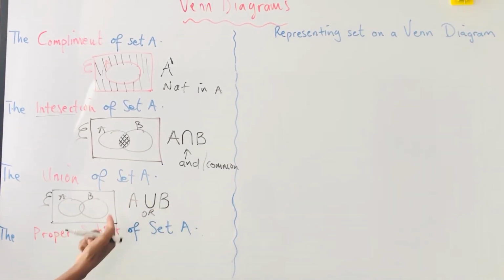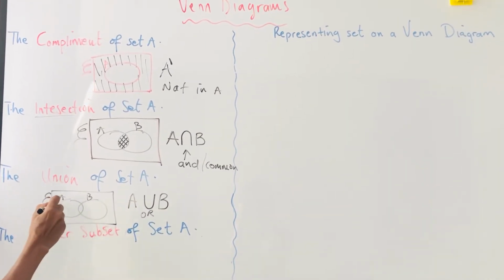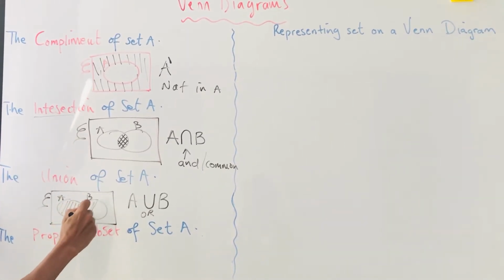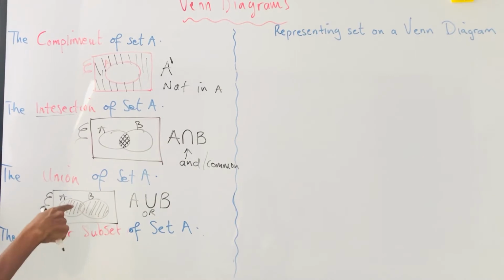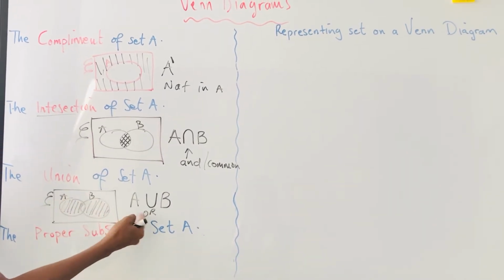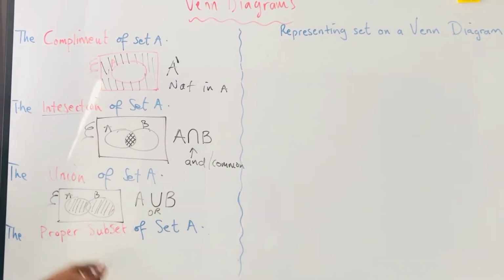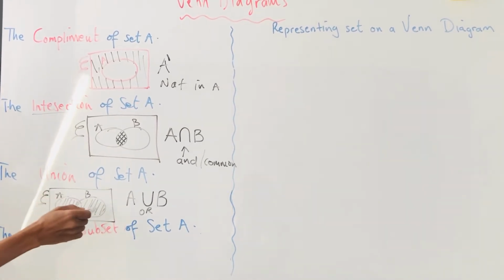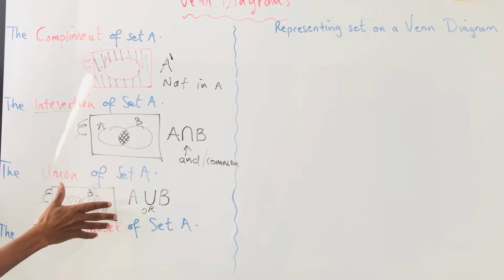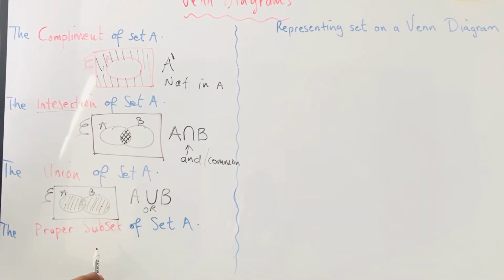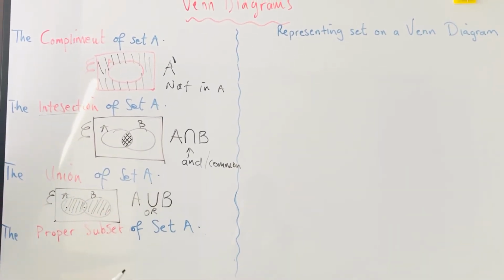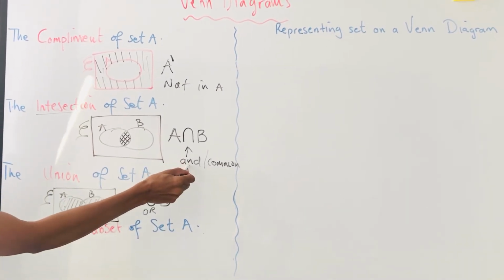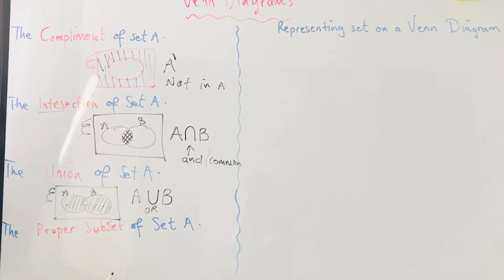A union B would be: shade the region of A and shade the region of B. So that means A and B together. I can be there, I'm correct. I can be anywhere in the region of A and B, I'm correct.